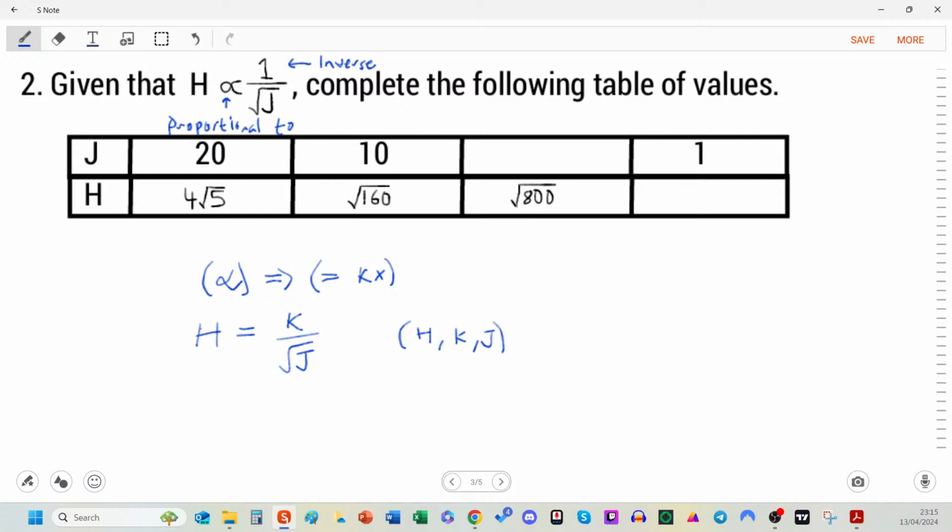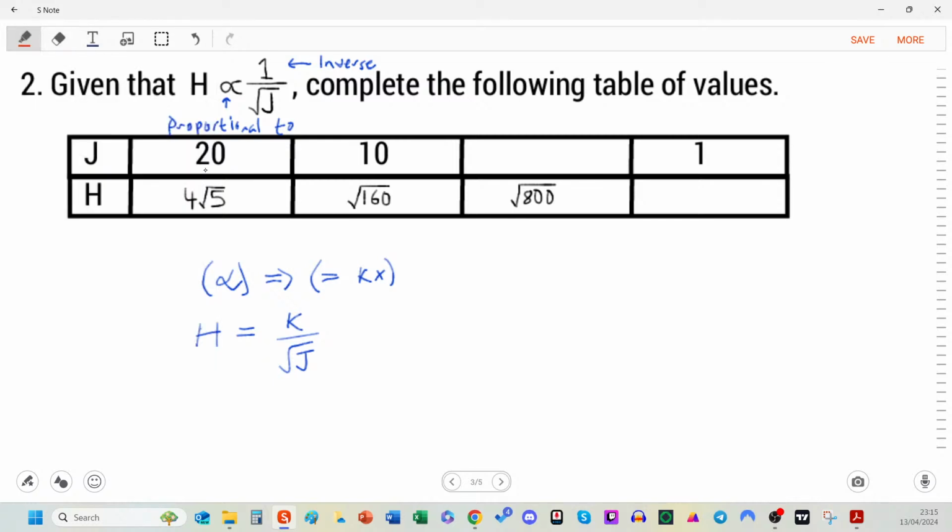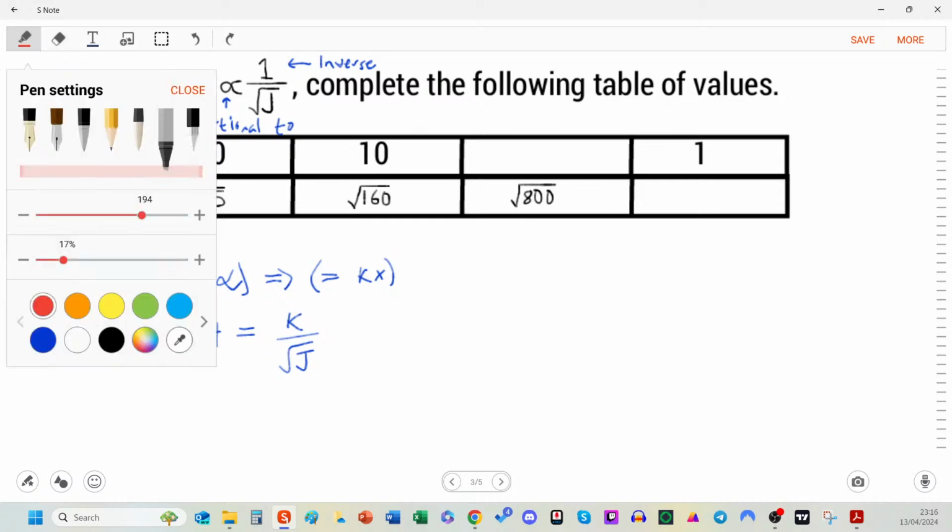It would be nice to just use h and j because they're the variables. K is a constant, and to find that, we need a value of h and j in order to get k. As you can see from the table, we have a complete coordinate, where one part relates to another.